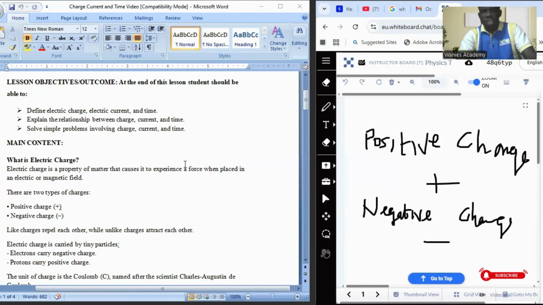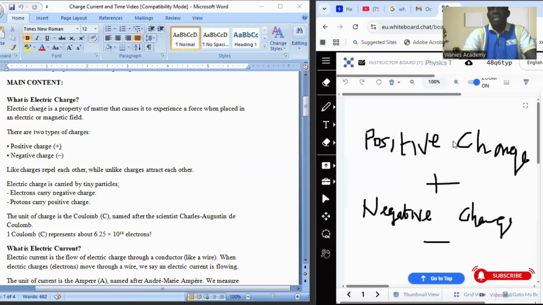It states that like charges will repel, unlike charges will attract. A very simple law. What it means is that if I have another positive charge here, they will repel, running away from each other, separating from each other.